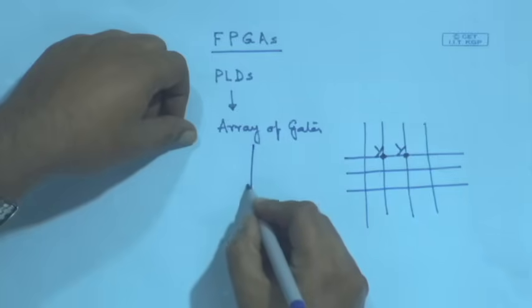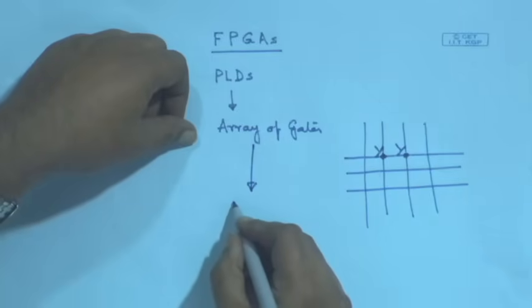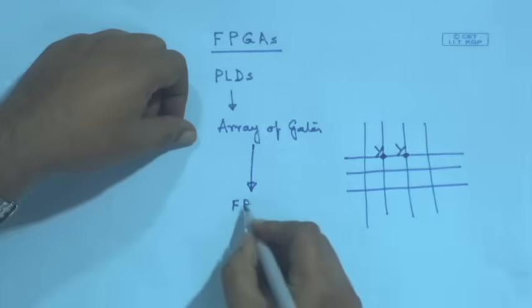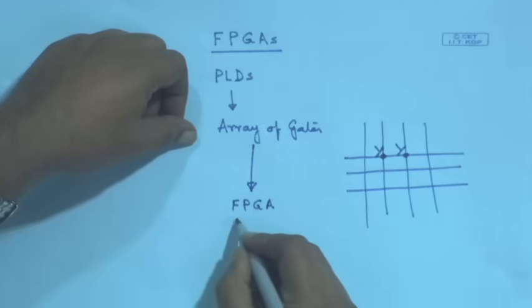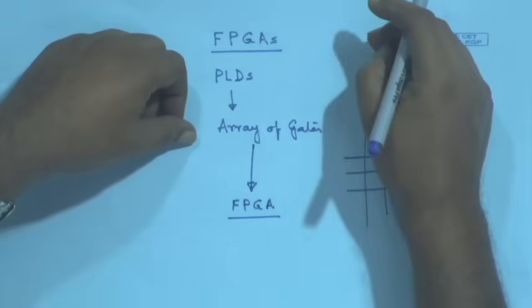Therefore, I can implement a Boolean function using that. That has been further extended to much more powerful FPGAs, where we have the possibility of configuring different logic circuitry on a single chip.